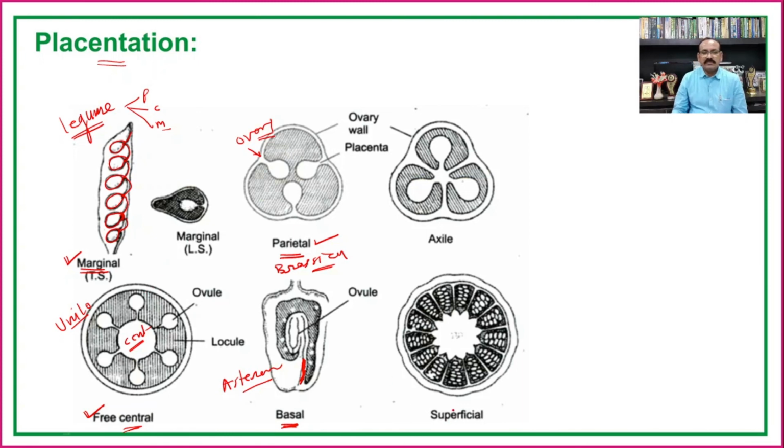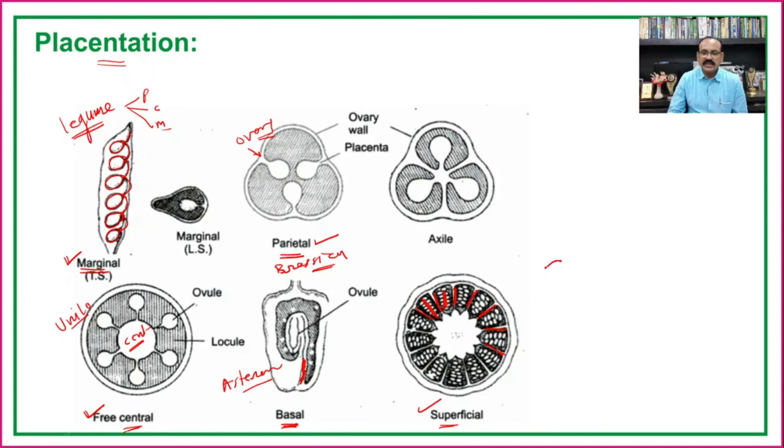And in superficial placentation, the ovules are neither developing from the center, nor from the margin or the outer wall, but instead they are developing from the middle of the ovary or from the middle septum of the ovary. This type of placentation is known as superficial placentation.